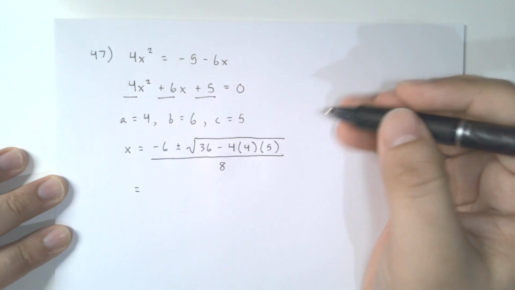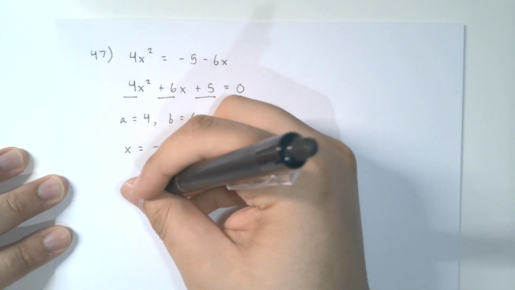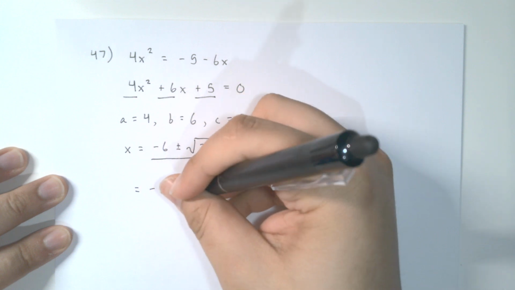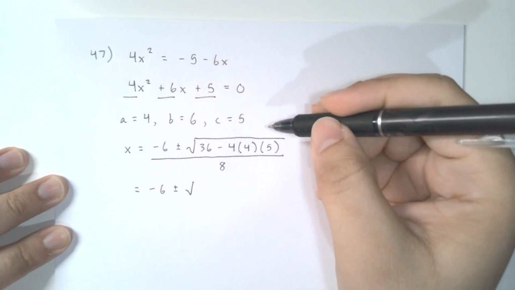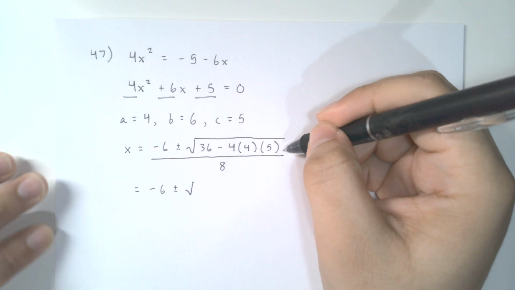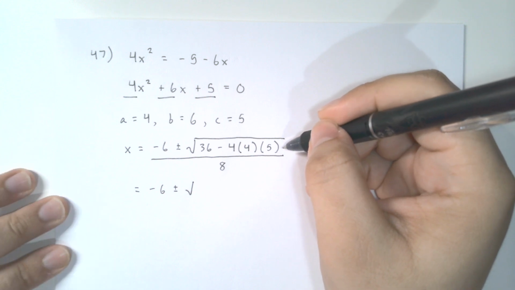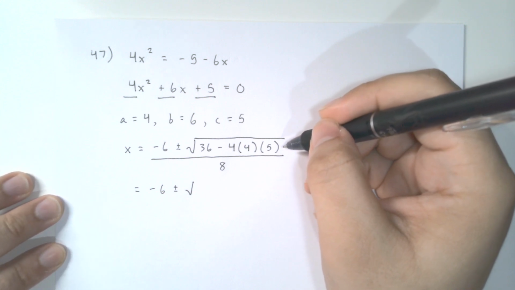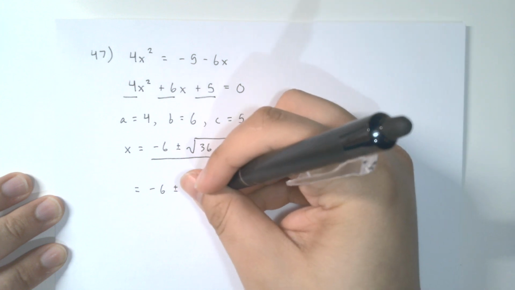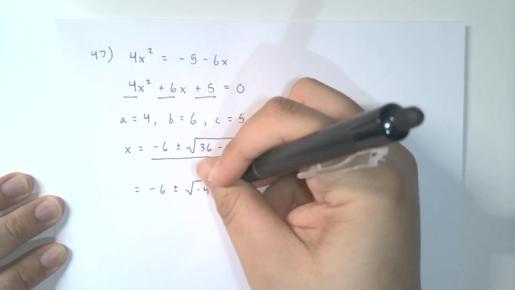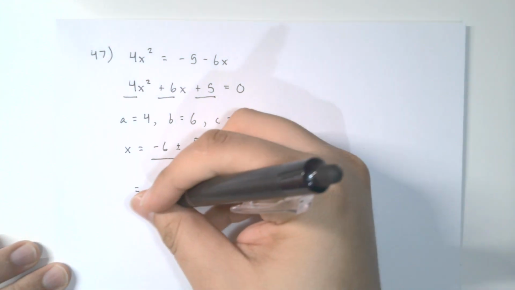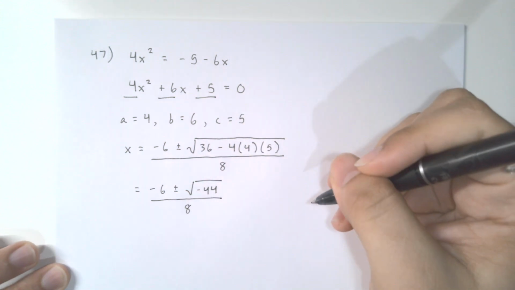And now we want to evaluate our discriminant. So we have our negative 6 plus or minus the square root. Putting all this into our calculator, this is going to come out to negative 44 all over 8.